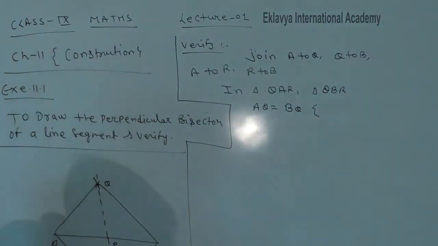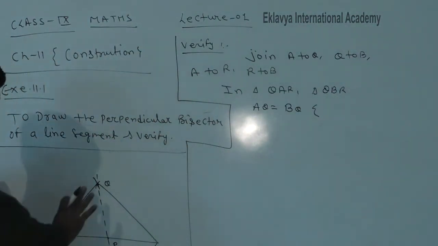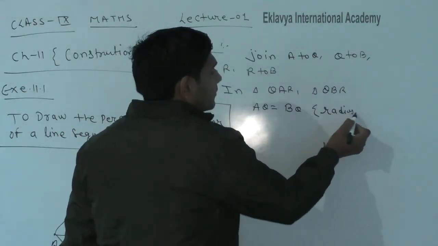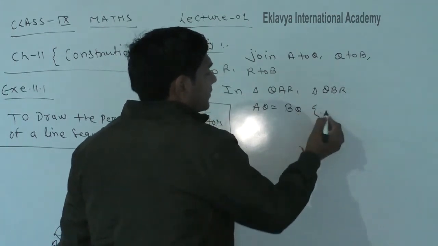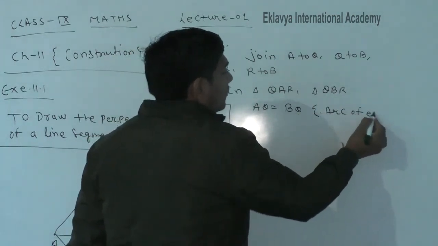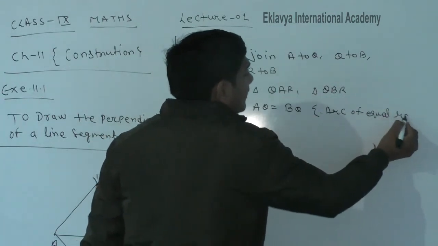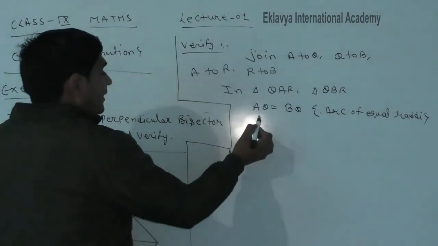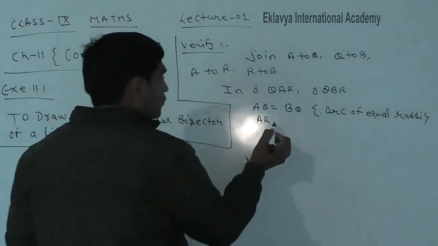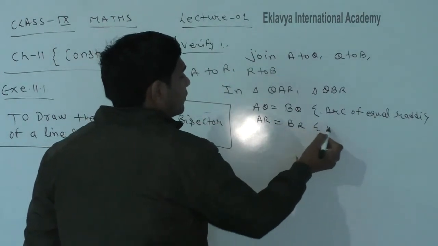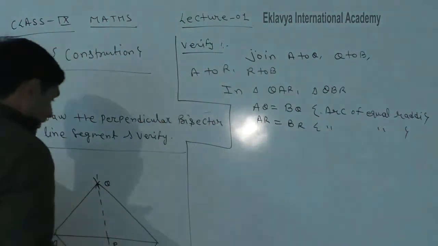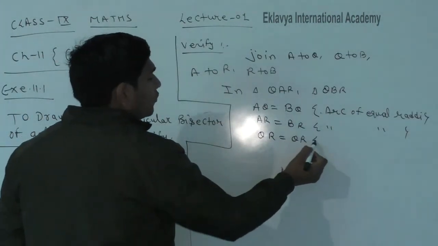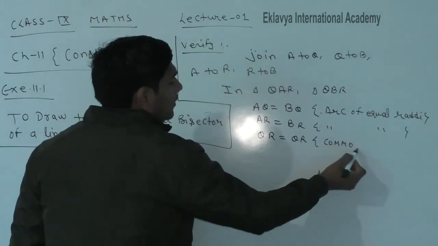Because they are radii of the same arc, arcs of equal radius. Second, AR is equal to BR, here also the same reason, arcs of equal radius. And third, QR is equal to QR, which is common.